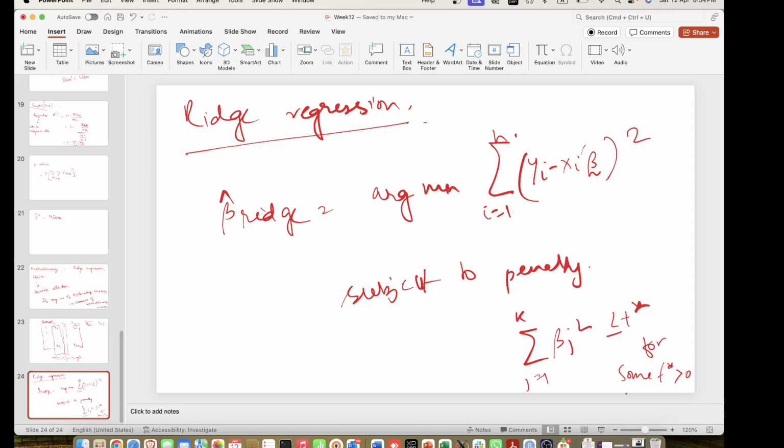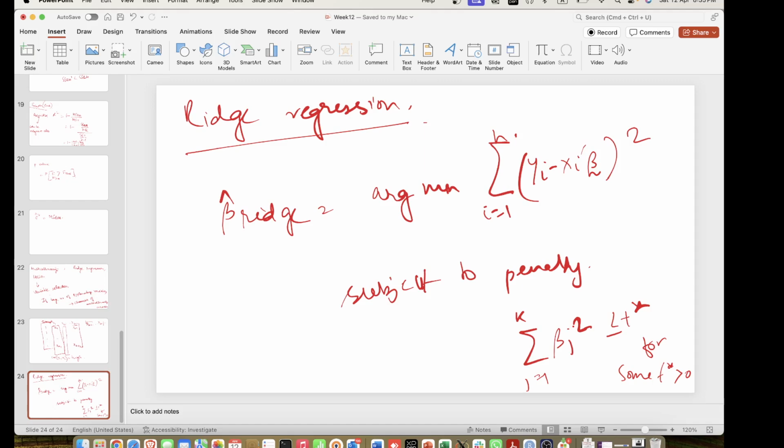There are several considerations here. If t star is very, very close to 0, then almost all the betas will be pushed towards 0, because this is summation of beta j square. Right?